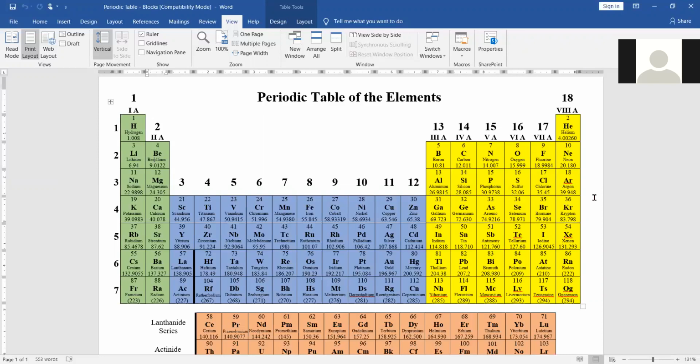Positive 2. So it's isoelectronic with which inert gas? Radon. Look at the atomic numbers and go backwards to the nearest inert gas. Which one is it isoelectronic with? Louder?